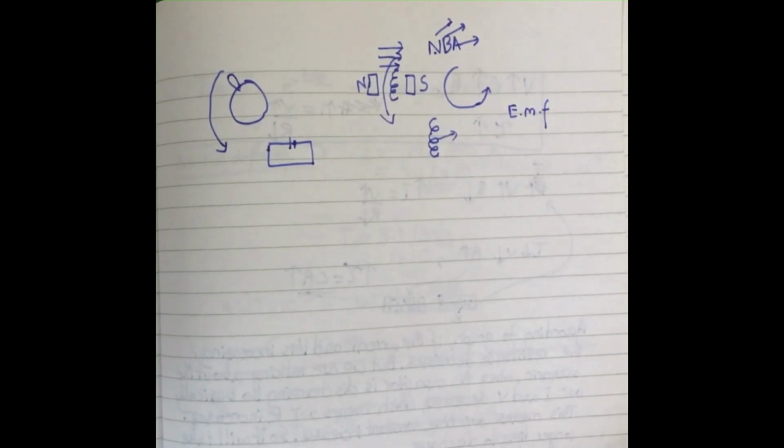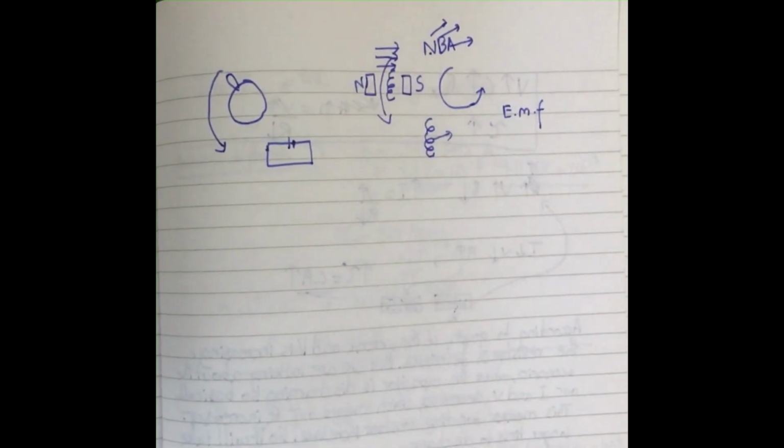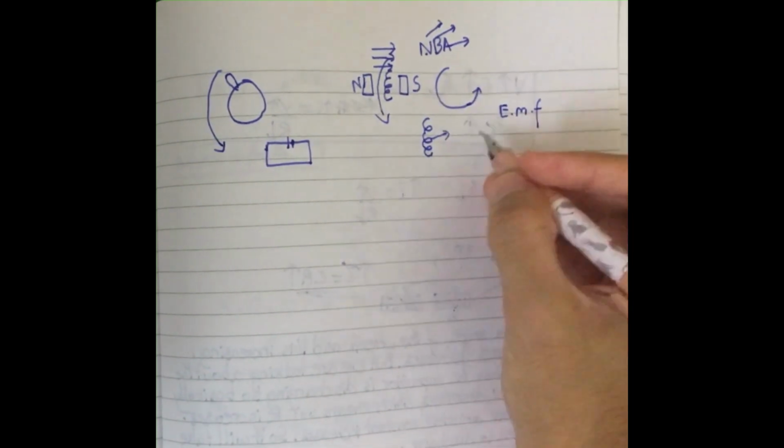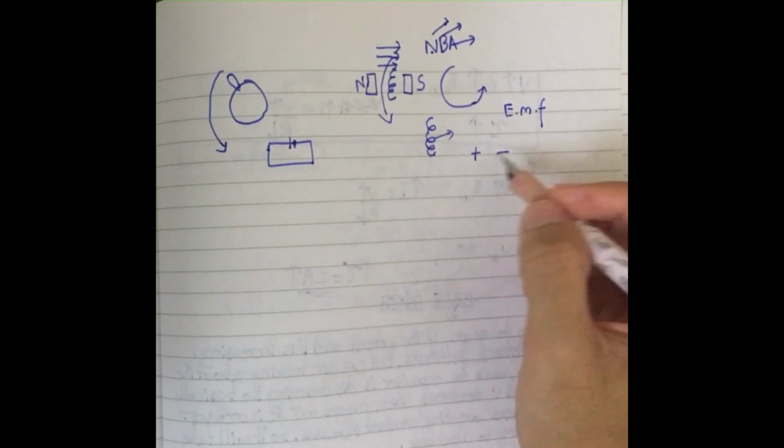Now you wonder, like they said over here, the LED flashes on and off as the coil rotates. Why is it turning on and off, and why is it not fully on? Because remember, they said AC generator in the first line. Its polarity always changes. It goes from positive to negative on one side, and then changes to negative and positive.